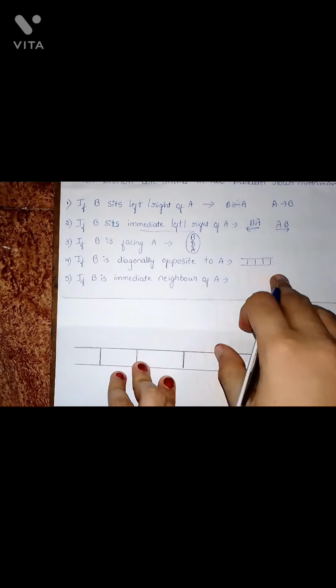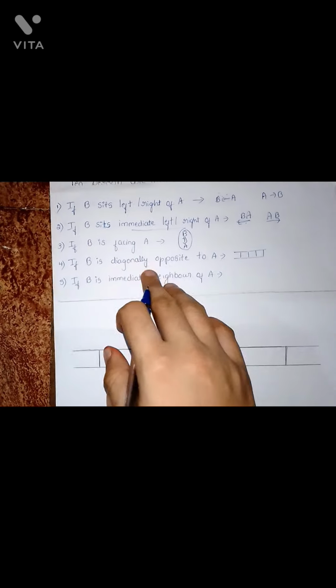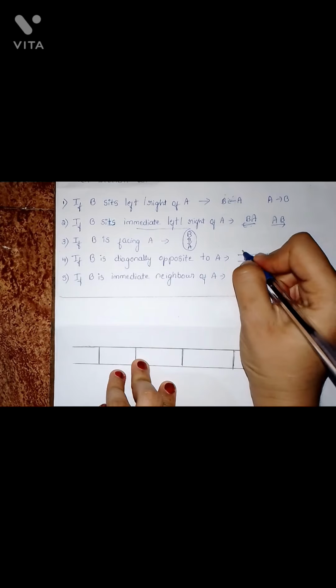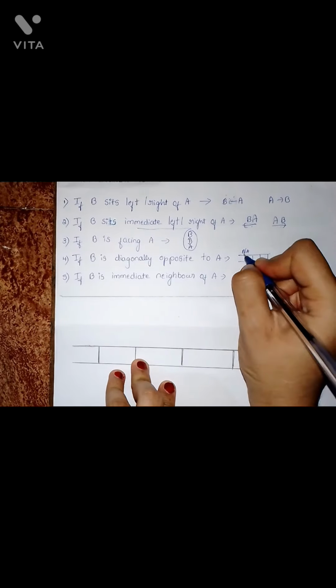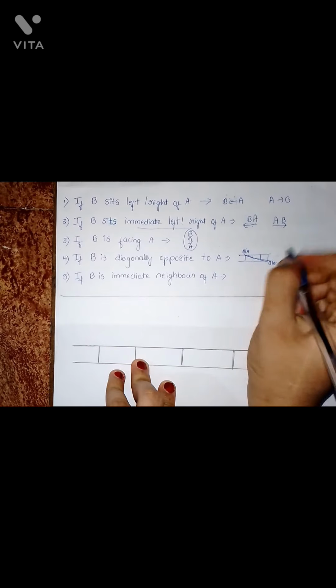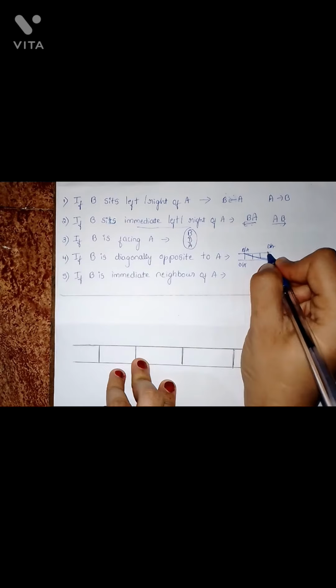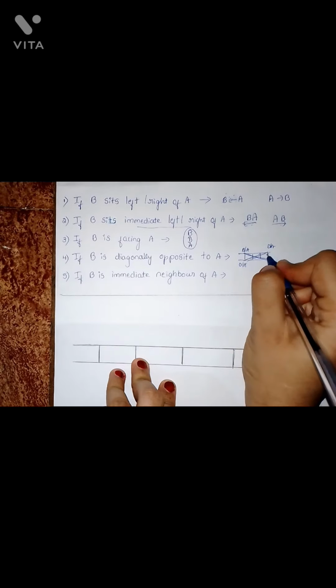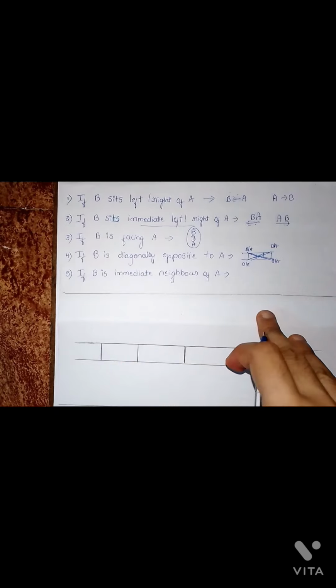If the persons are seated in two rows and B is diagonally opposite to A, it will come like this, or it will come like this. We have to represent it like this type or this type, and adjust it according to the version.